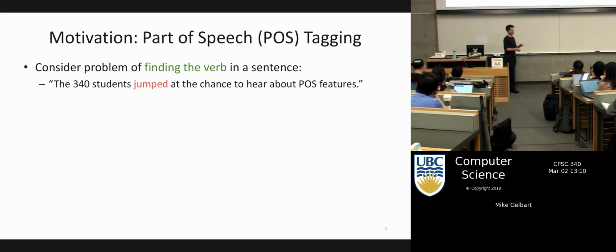We know how to identify the verb, but for a machine learning algorithm, this is a challenging problem to understand, especially because there's so much ambiguity in language, especially English, which is, I think, a pretty difficult language with a lot of exceptions, redundancies, ambiguities, and all that.